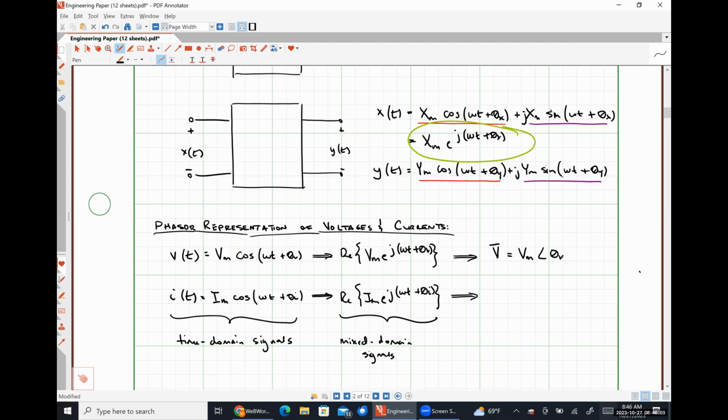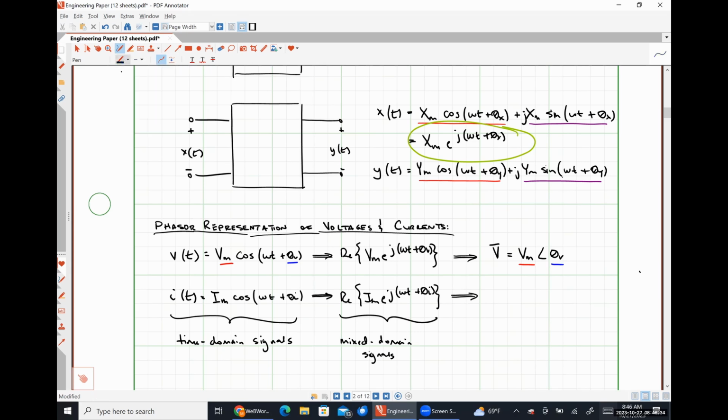We are effectively throwing away the e to the j omega t part, and we'll see why we get to do that in just a moment. So to get our phasor representation of our voltage, we simply keep the magnitude, keep the phase angle, and throw the rest away. That is how we are going to convert from the time domain into the frequency domain for voltage signals.